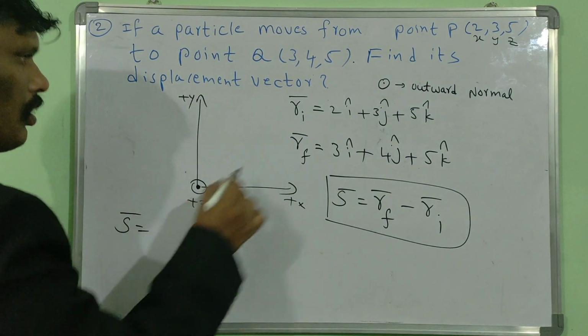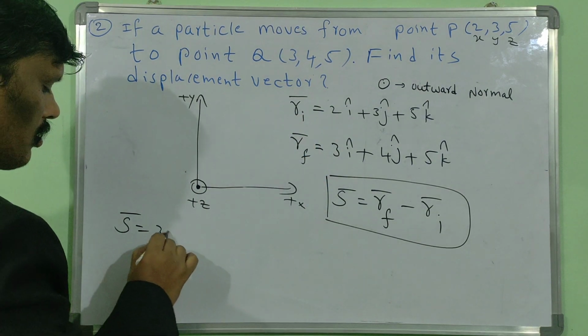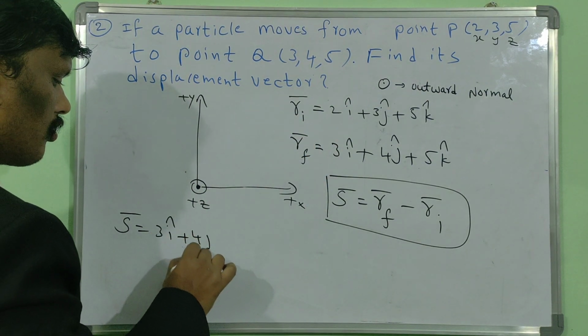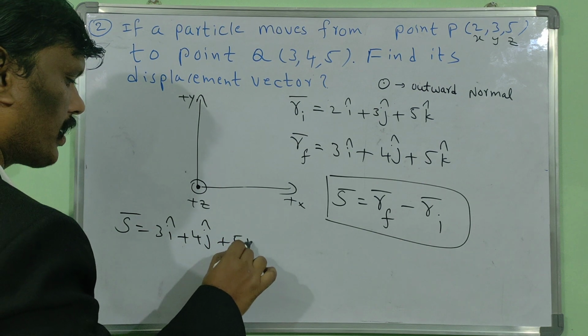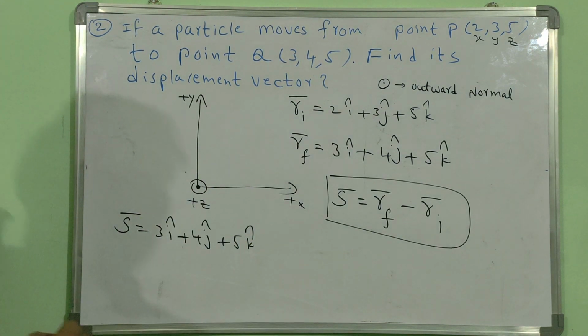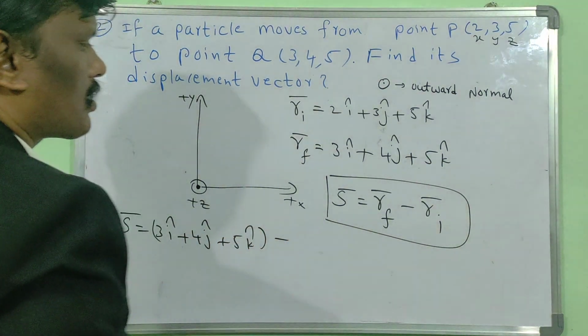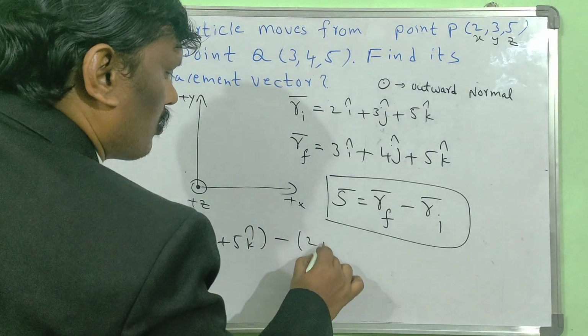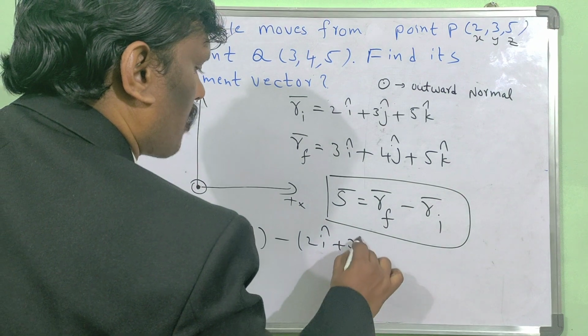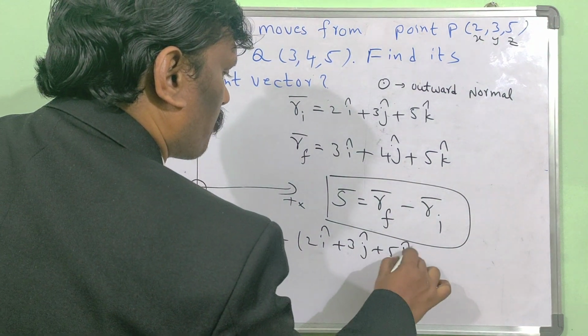Displacement vector is equal to the final position vector, 3 i cap plus 4 j cap plus 5 k cap, minus the initial position vector, 2 i cap plus 3 j cap plus 5 k cap.